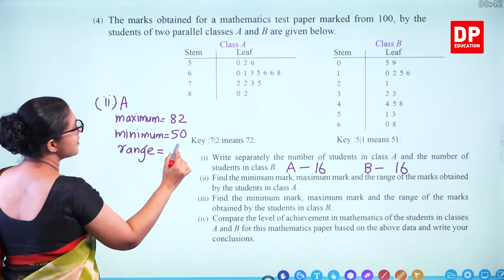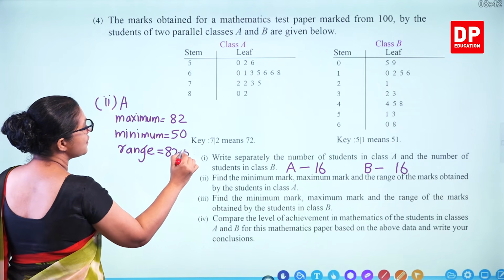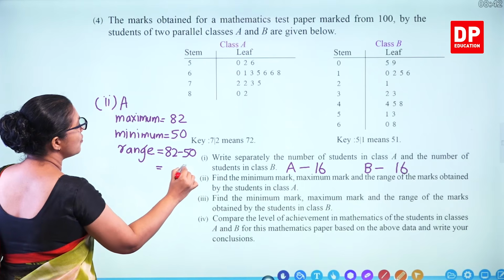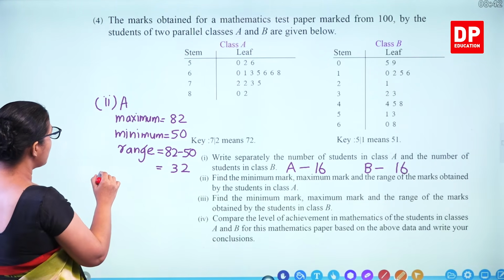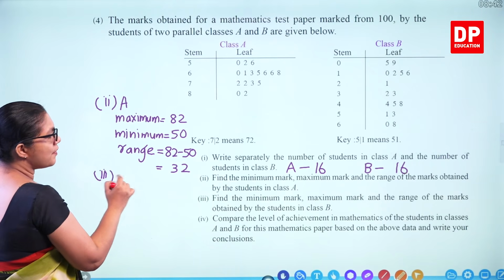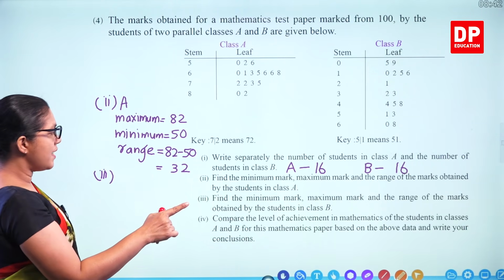Range is the difference. 82 minus 50. So you get 32.